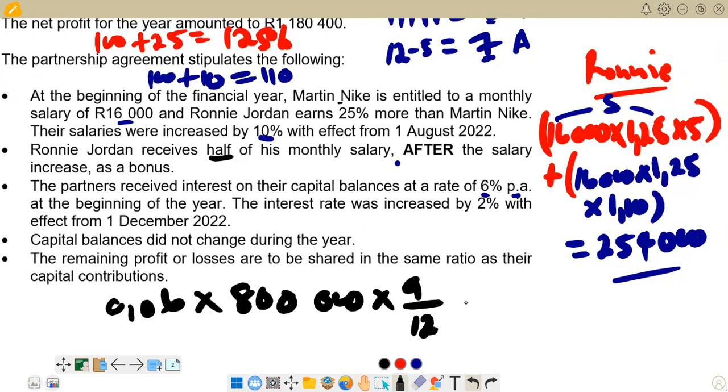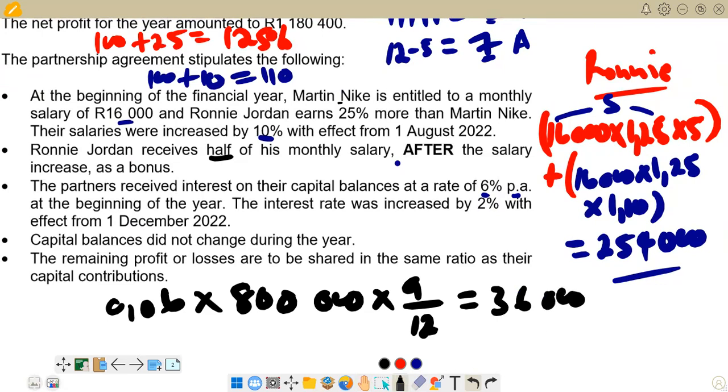And then let's see the amount that we get there. Let's calculate. We have 0.06, then we multiply by 800,000, and then we multiply by 9. The answer that we get, we divide by 12. You get 36,000. So you have 36,000 before the increment.